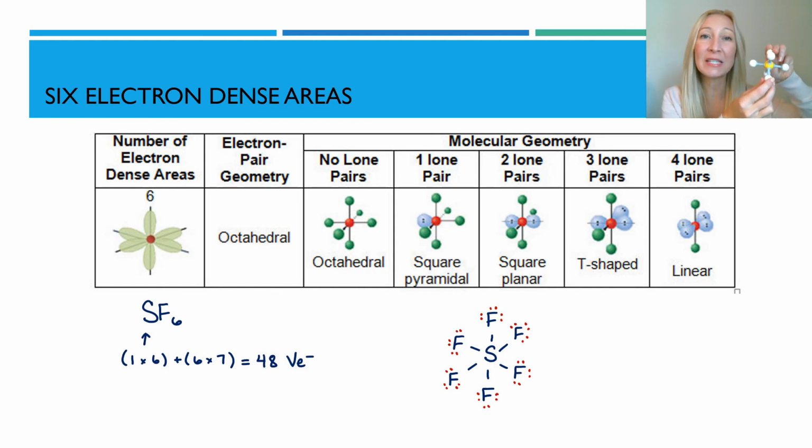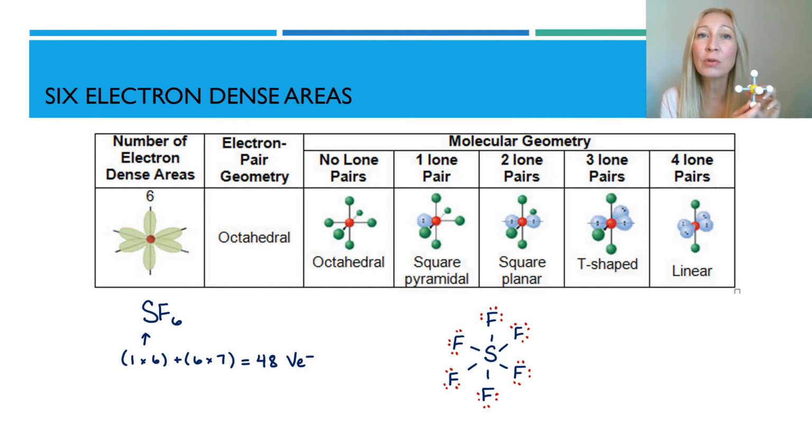So if we have 6 regions of electron density, we have 90-degree angles to get those electrons as far apart from each other as possible. The electron pair geometry here with 6 regions of electron density is called octahedral. And because there are no lone pairs on the central atom, we have a molecular geometry of octahedral as well.